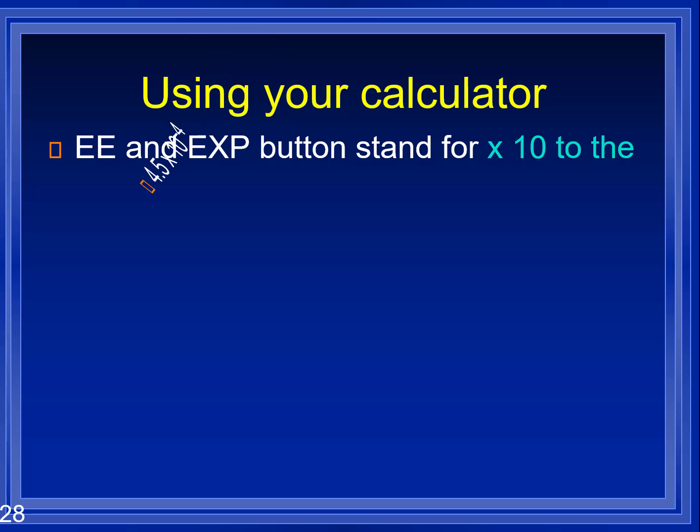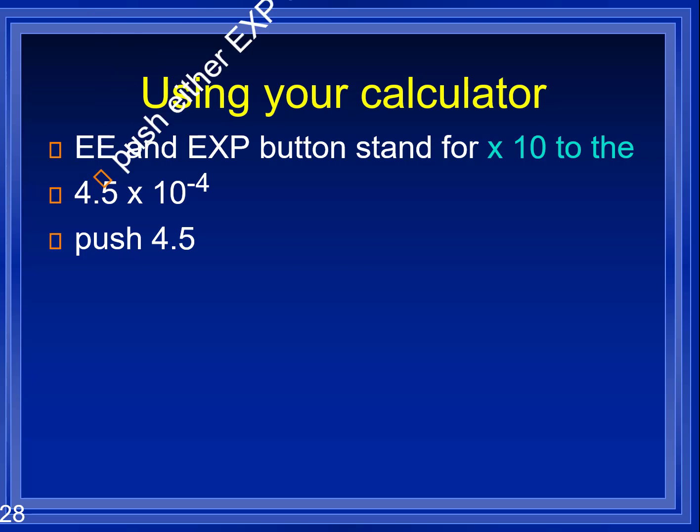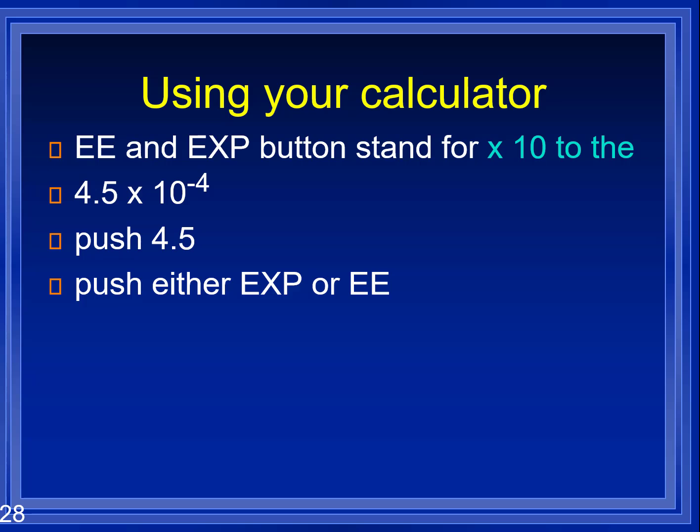So now let's say we wanted to get 4.5 times 10 to the negative fourth into our calculator. Follow along with me. Push 4.5. So first you put the number part of it. Then you stop, and the next thing you push is the magic button. You don't push times, you don't push 10, you just push that button.